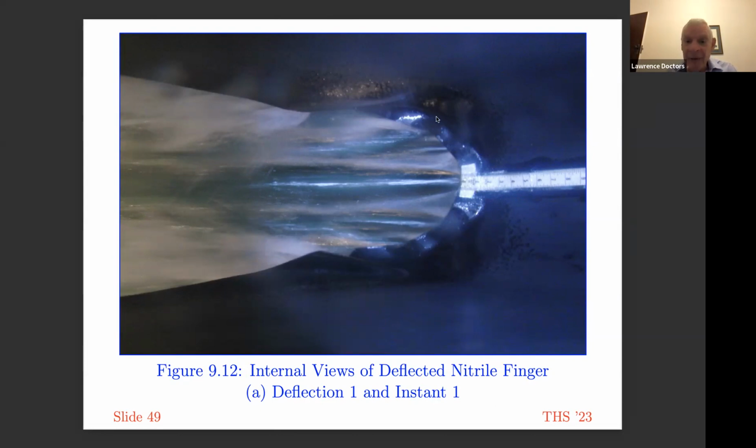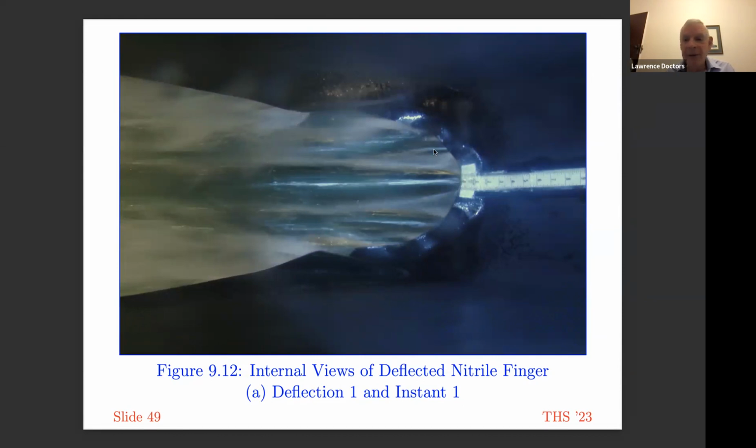The finger is deflected somewhere where I'm moving the mouse now. The interesting thing is the waves which would develop in the finger. In this particular case, one can see 1, 2, 3, 4, 5 waves, perhaps even more waves. There seem to be small waves there.